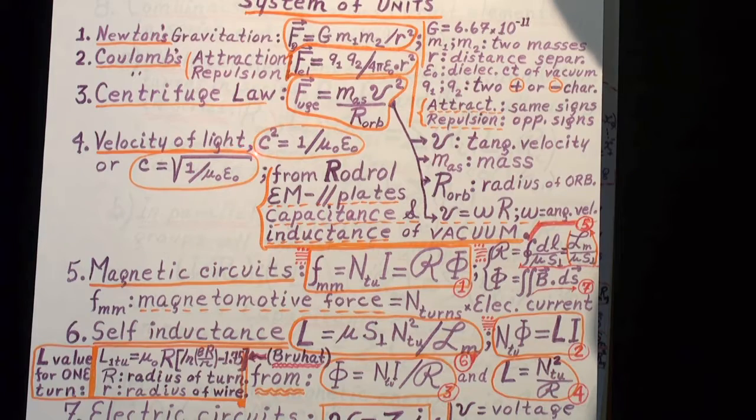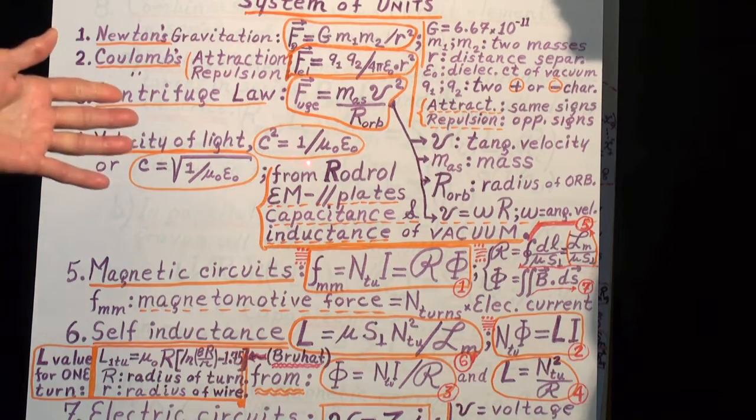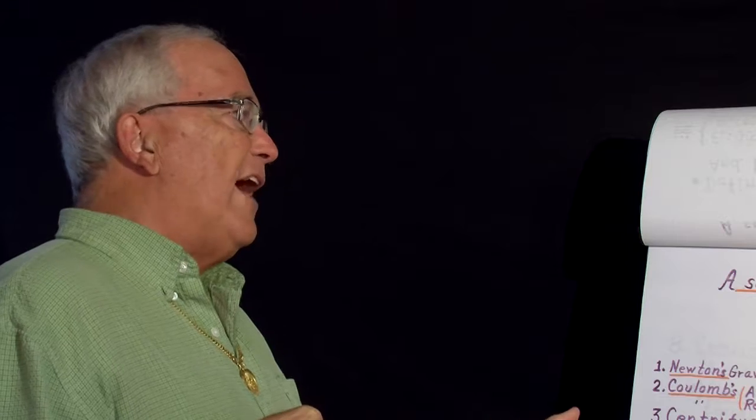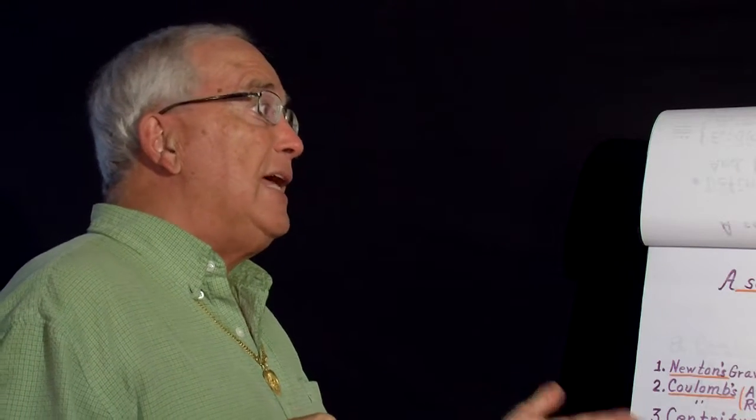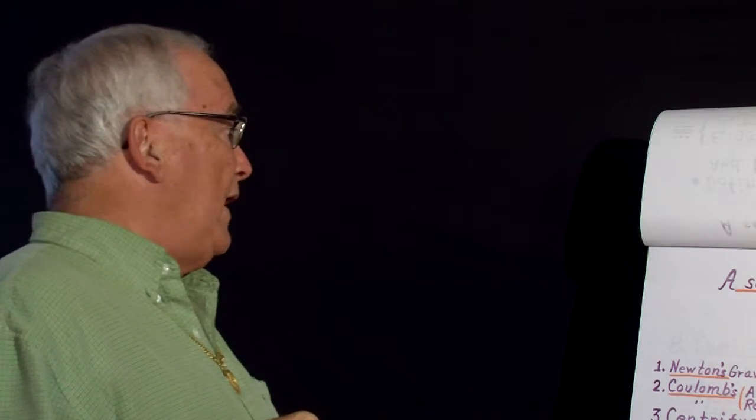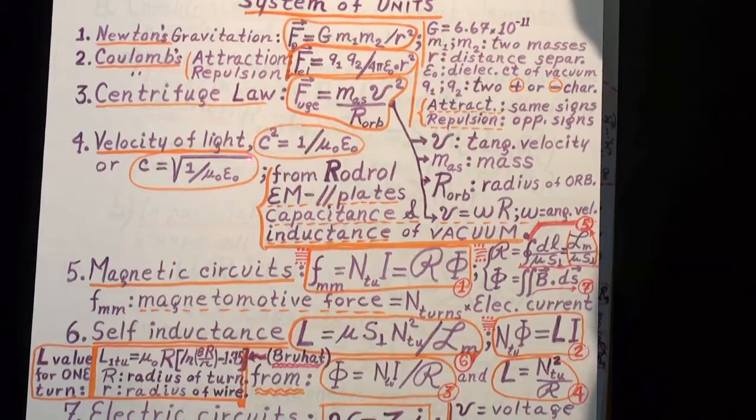But the velocity of light, this is a law. It's the same velocity as any electromagnetic wave in vacuum, because light is an electromagnetic wave. The square of the speed of light is 1 over the product of the dielectric constant multiplied by the magnetic permeability.